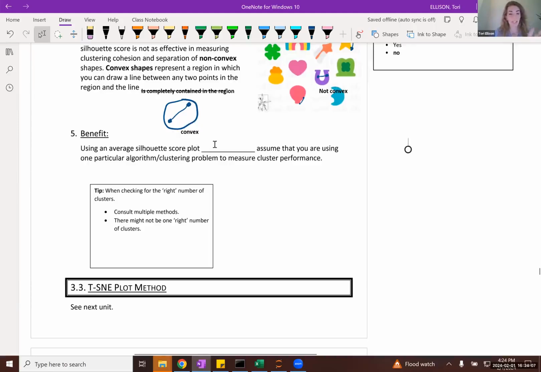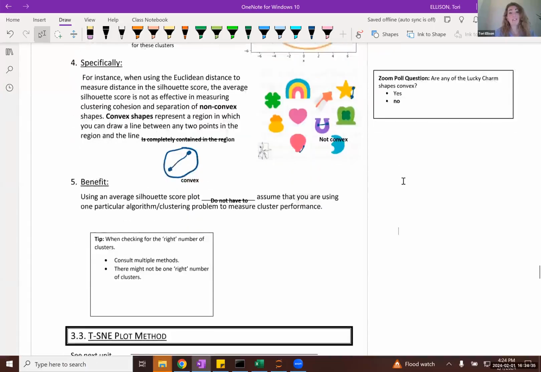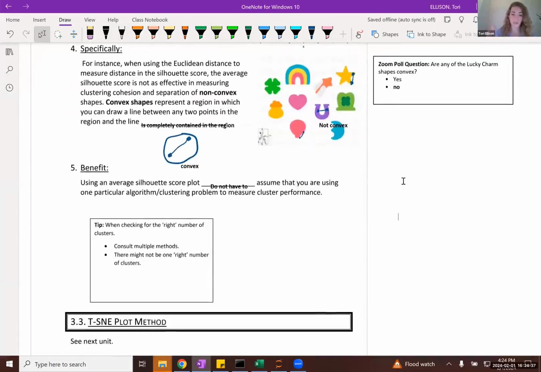But the benefit of using that average silhouette score to select the number of clusters is that you do not have to assume that you are using any one particular clustering algorithm to measure clustering performance. So again, the average silhouette score is not determining clusters that k-means can detect, because you could actually cluster this data set with other clustering algorithms.